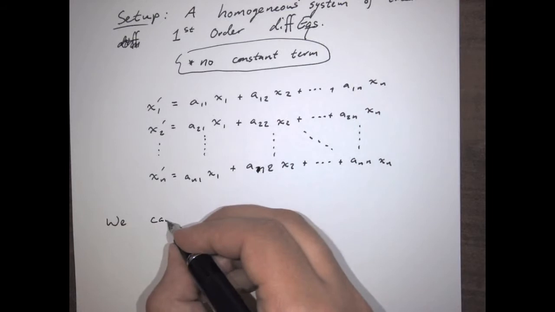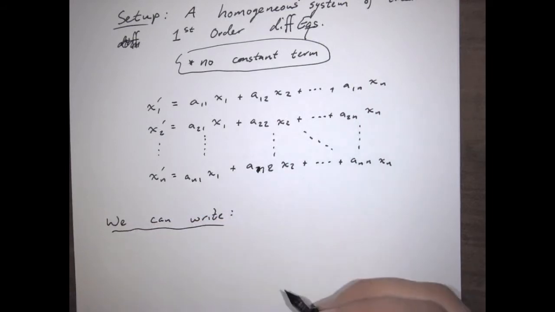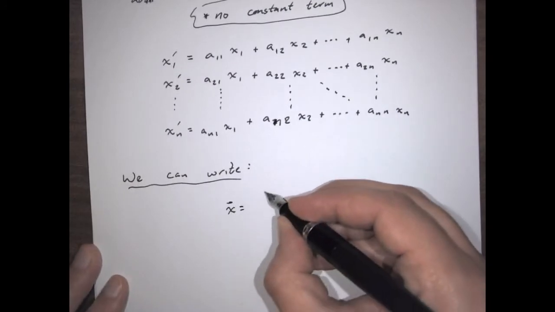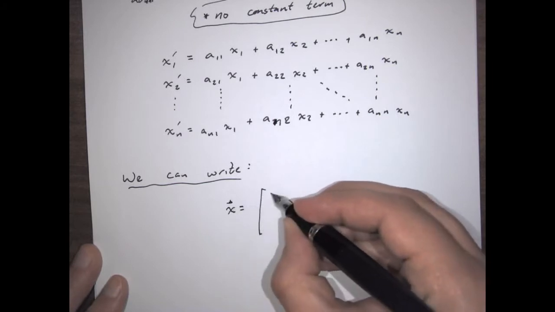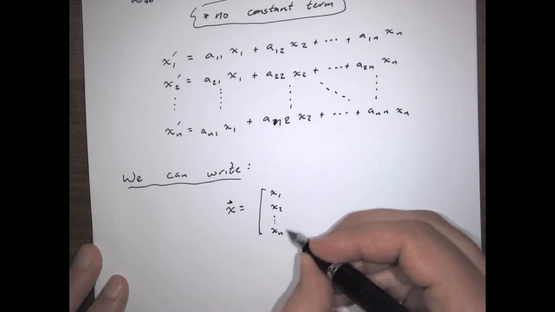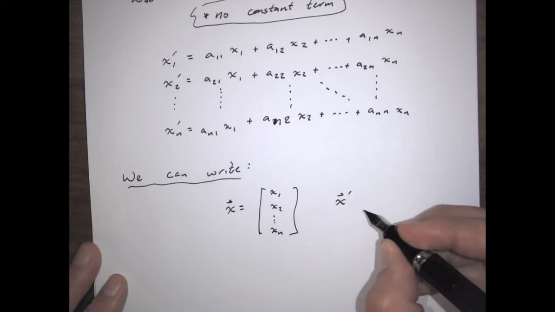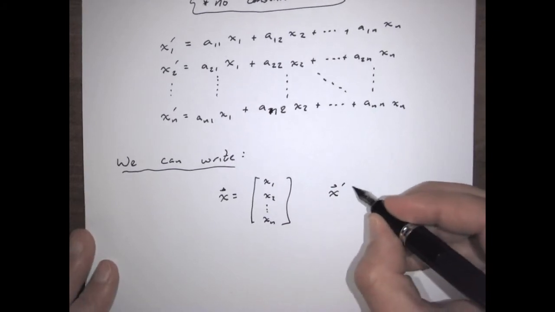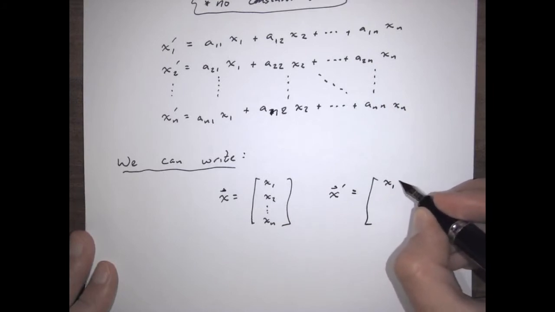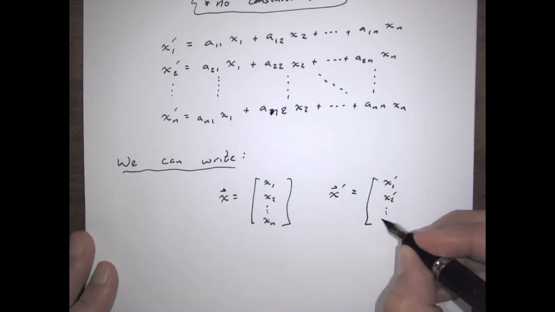We can write x as a vector, which equals x1, x2 down to xn, which then means x prime as a vector will be the derivatives x1 prime, x2 prime, dot dot dot, xn prime.